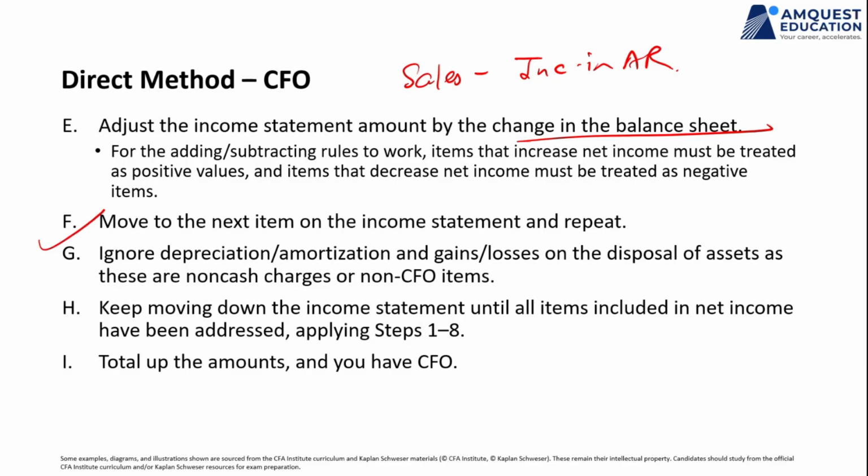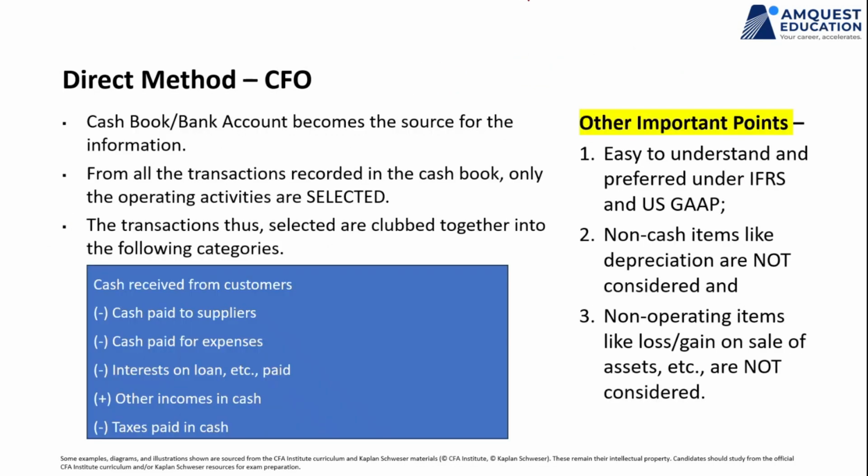You keep going on the income statement step by step and you keep creating equations. There are a lot of equations, therefore it is difficult to memorize the equations. You will have to obviously calculate all these equations. You'll have to prepare all these equations, right? And that equation can help you do direct method used for cash flow from operation.